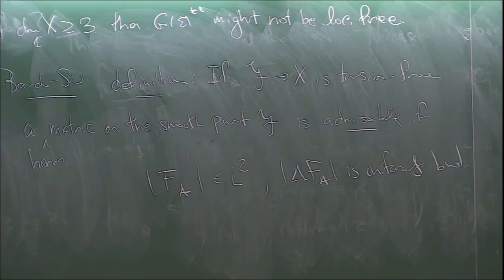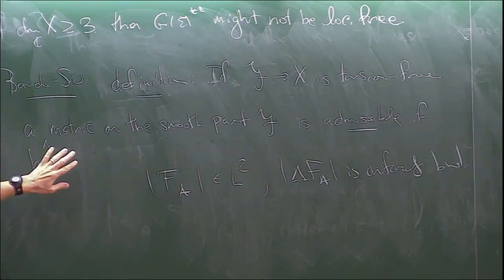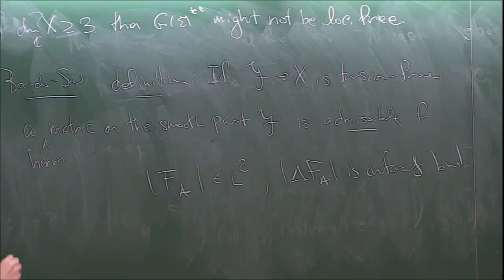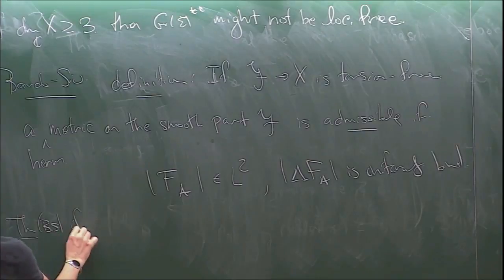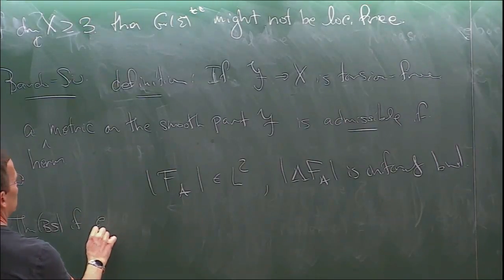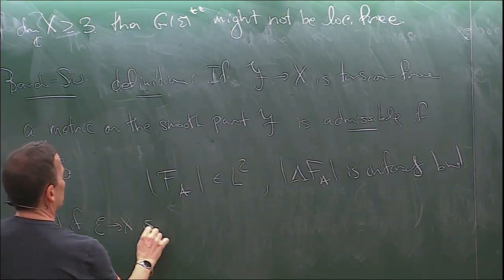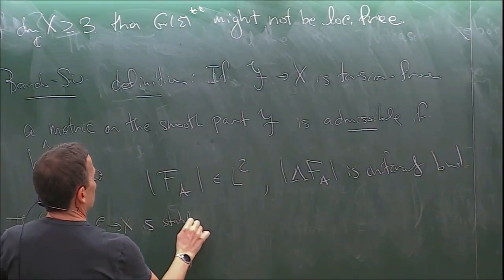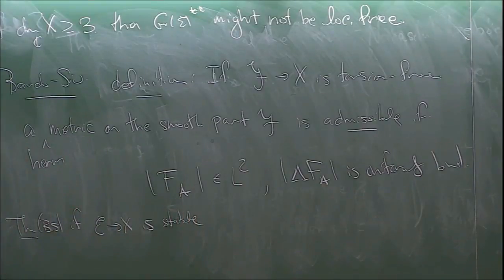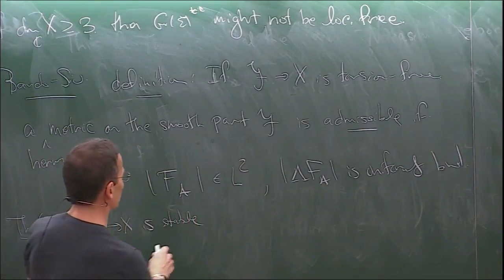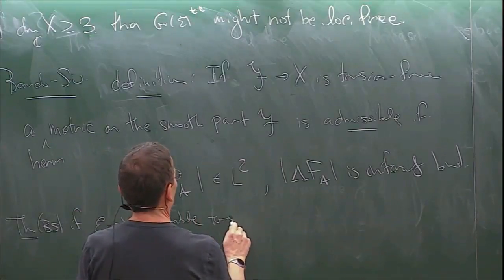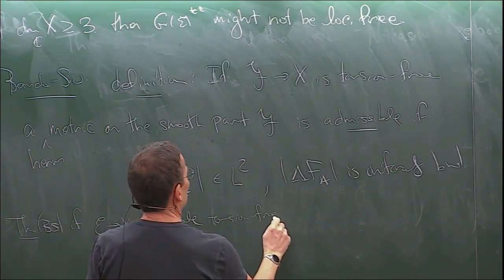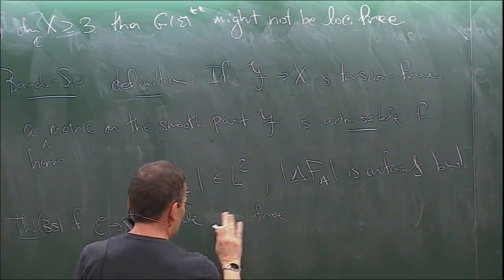Okay? So first of all, it's not at all obvious that admissible metrics exist. It's completely not obvious, but they prove that admissible metrics exist, and they prove the theorem that if E is a stable torsion-free sheaf, let's say reflexive to be on the safe side.